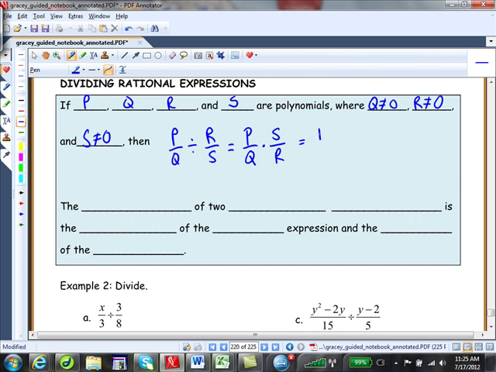That would just be P times S divided by Q times R.